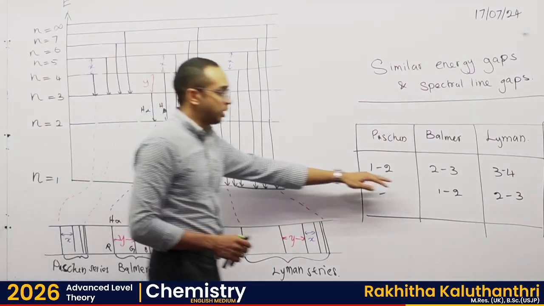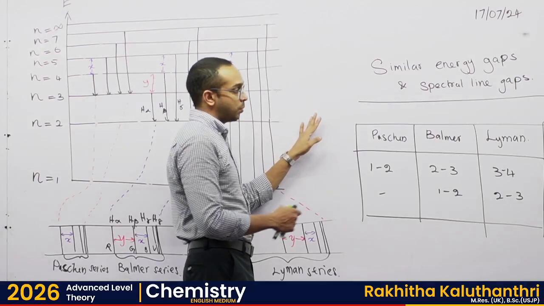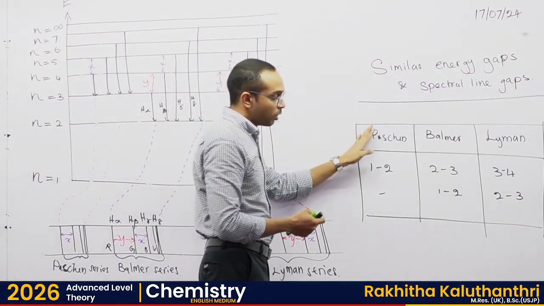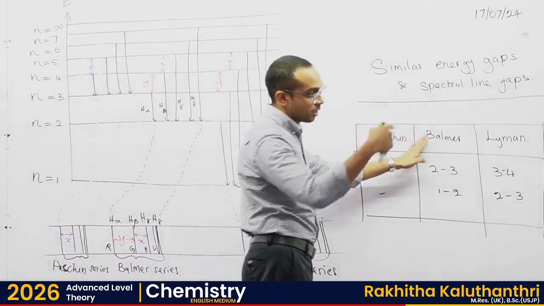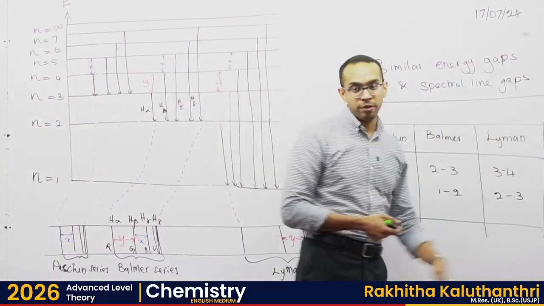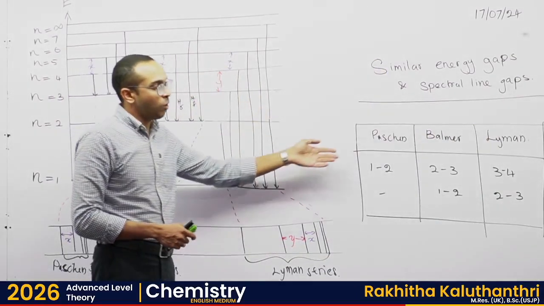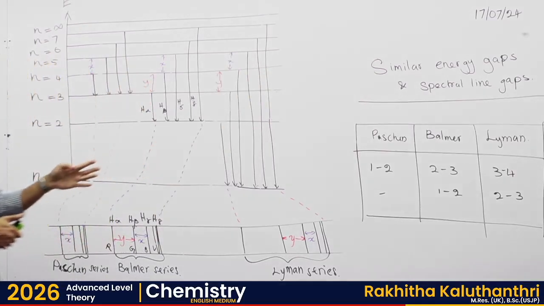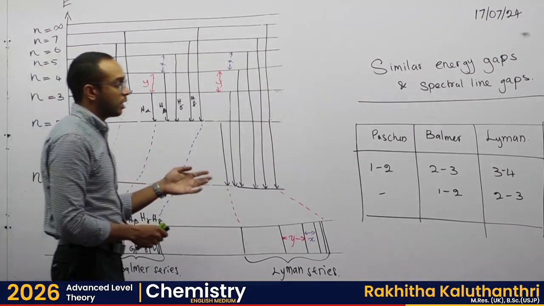Now if we move this further towards the Brackett and Pfund series, Brackett's first and second line gap will be equal to Paschen's second and third line gaps, Balmer's third and fourth, Lyman's fourth and fifth. Is that clear? So you can extend it, but we don't talk all that much about Brackett and Pfund, which is why we don't talk about that too much here.